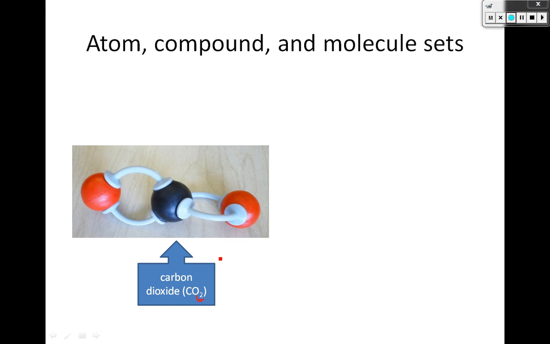The number of times something can bond is not just how much they could bond, it's how much they have to bond in each compound. So carbon always has to have four bonds. If it's only bonding to two things, it's got to bond twice to those things. So we have a double bond here, and that's why we use the nice long bendy pieces. And we have a double bond there. And then oxygen can bond twice, so it's got to have two bonds. If it's only bonding to one thing, it's got to bond twice to that one thing.